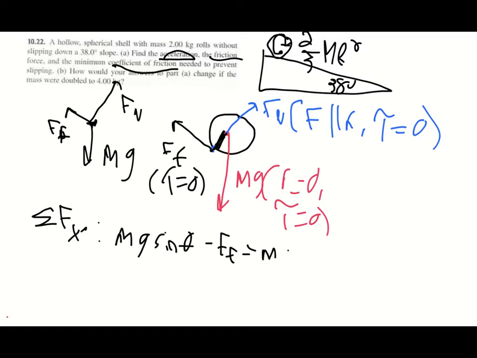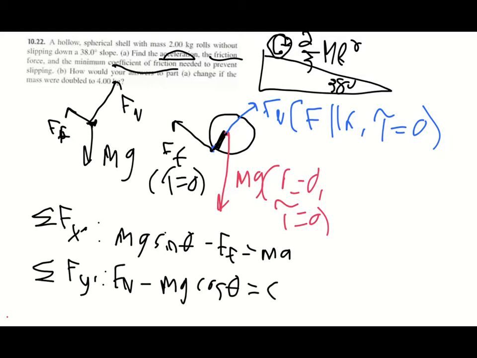We know it can't be all equal because it's rolling down the hill. If I add up the y prime forces, remember, because we're talking about down the hill, it's F_N minus mg cosine theta, and that's going to be 0 because it doesn't break that plane. It's going to stay in the plane of the ramp.